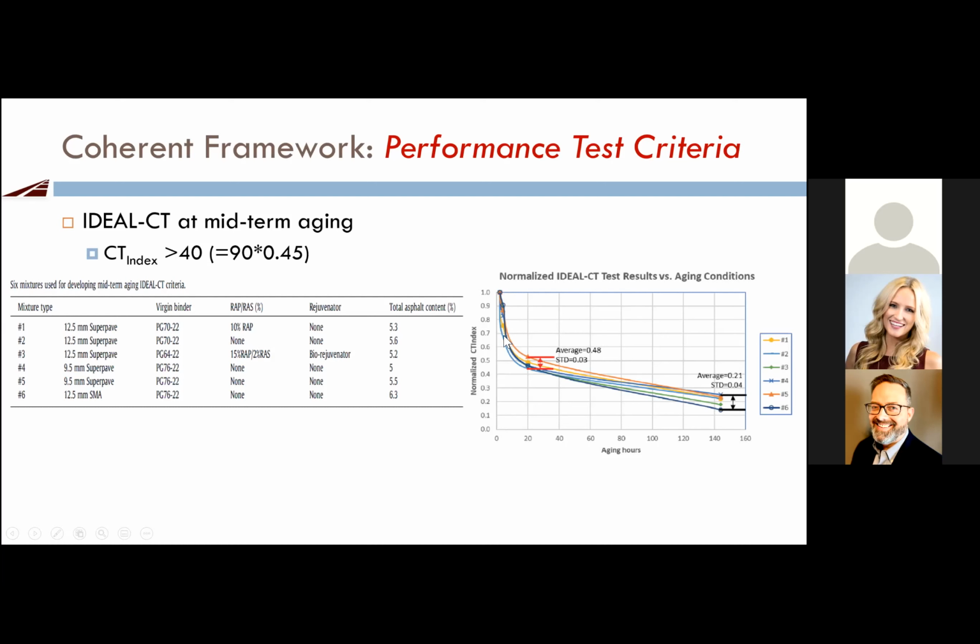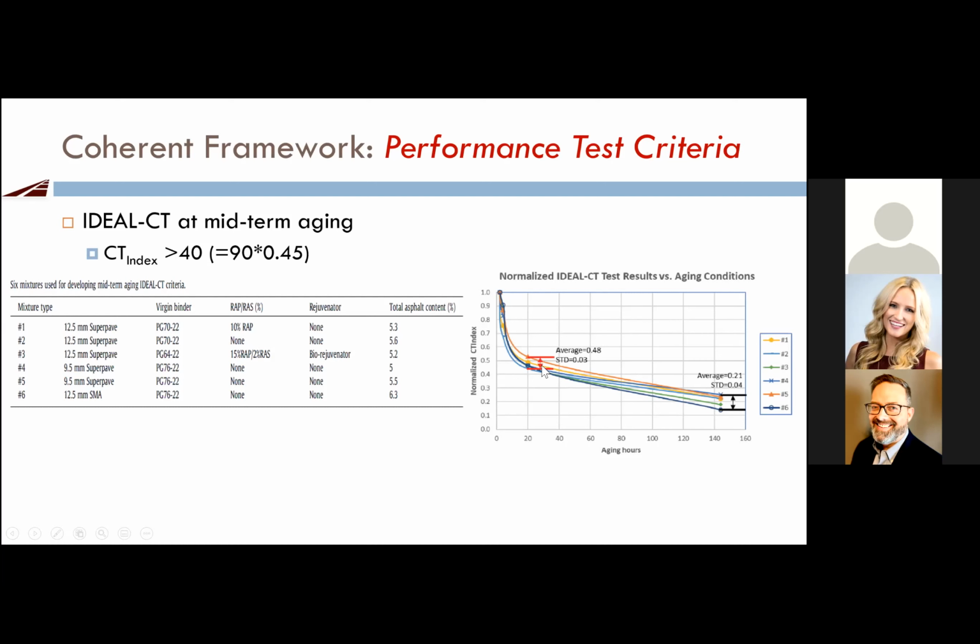But some mixes only retain 69%. So we're really talking about more than 20% variation here. But if you look at the 20 hours, it has the smallest standard deviation, and the average is 48% when compared to the 2 hours at compaction temperature. When we age to 6 days, the standard deviation becomes higher.